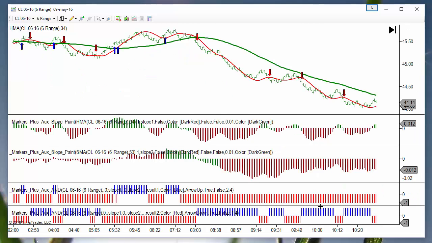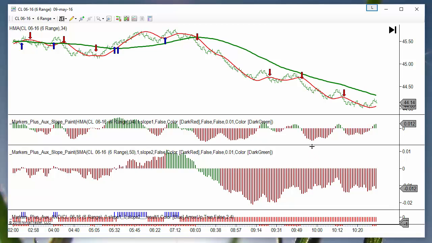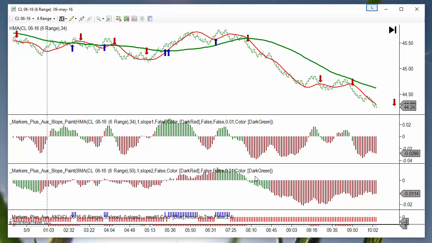For this particular case, we can see the slopes of both lines on these histograms, and we are comparing the slopes with 0, but we can use a threshold instead of using 0.